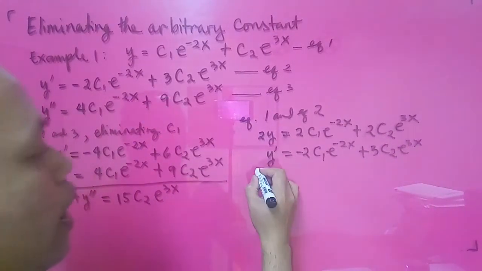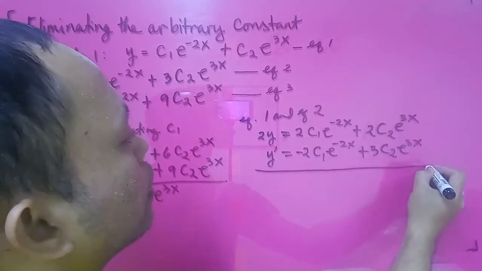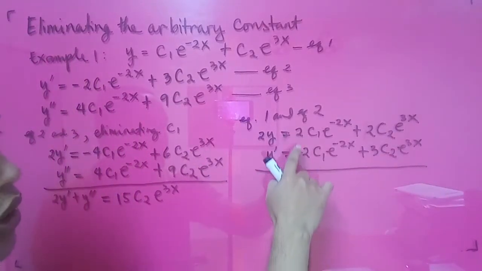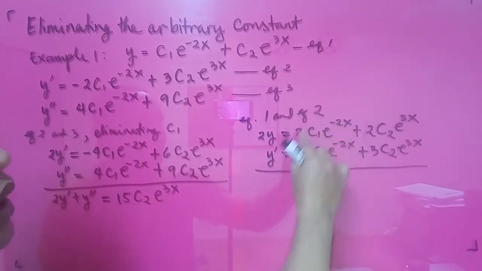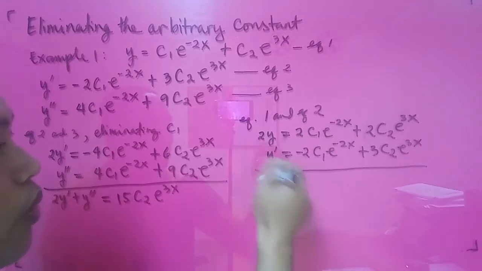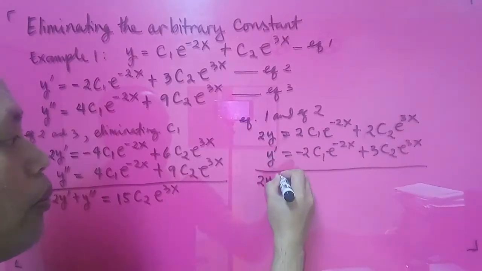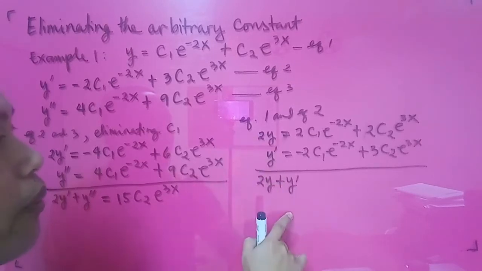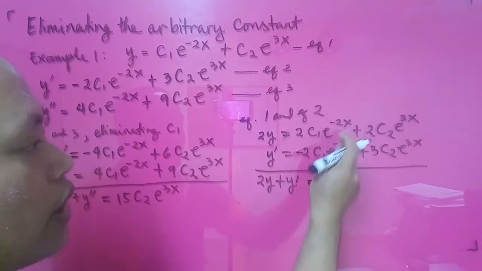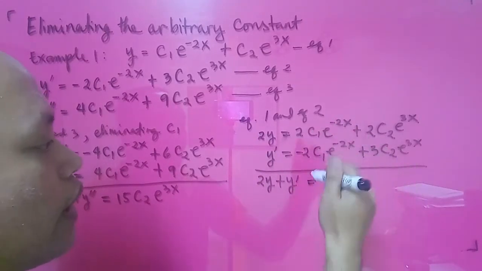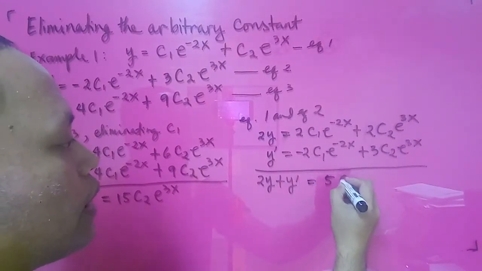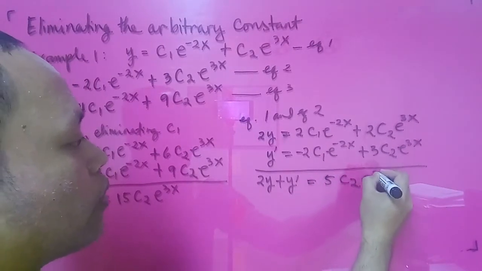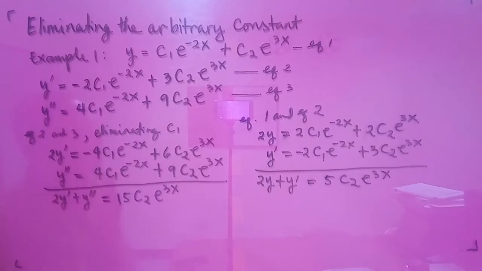If we combine these two equations, you have to add so that this group will be eliminated. So 2y plus y prime, this becomes 0, and then 2 plus 3, that is 5 c sub 2 e to the 3x.